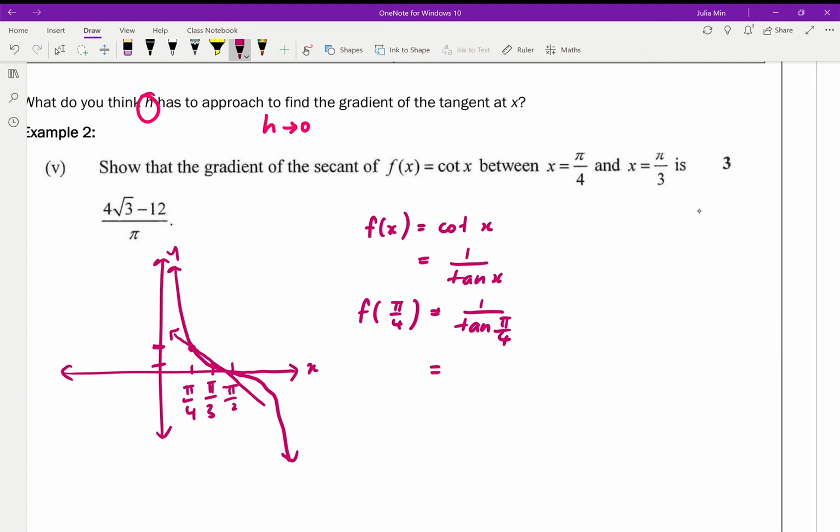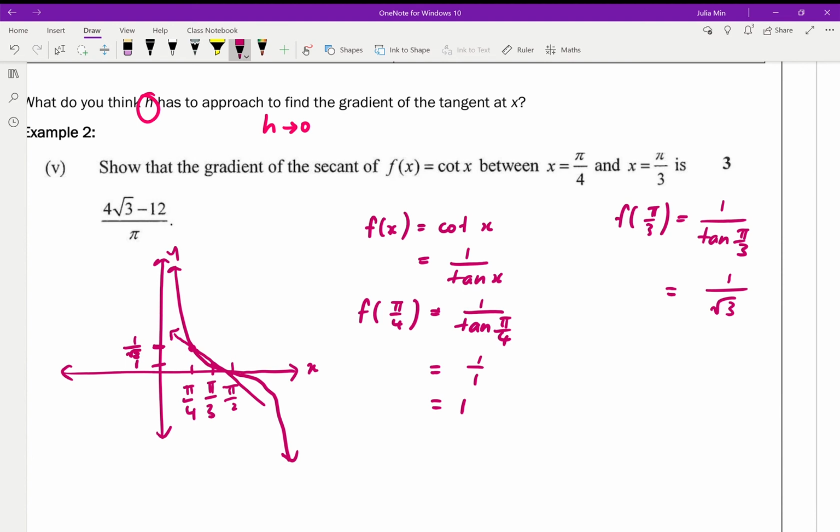Tan 45 is 1, so the corresponding y value is 1. The corresponding y value where x equals pi on 3, which is 60 degrees, okay, tan 60 is actually root 3. And so that value here is 1 over root 3.